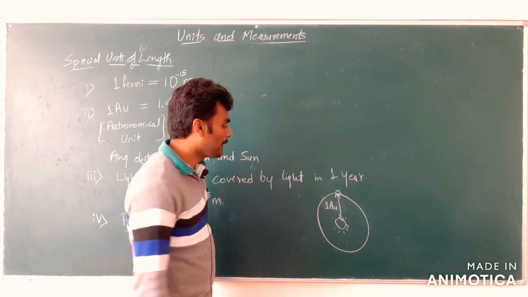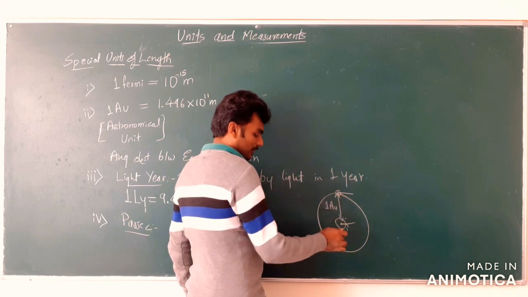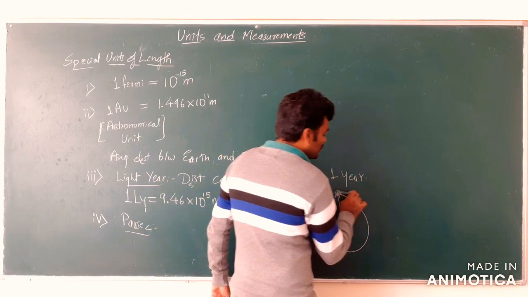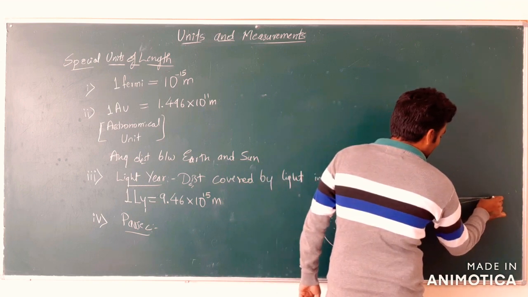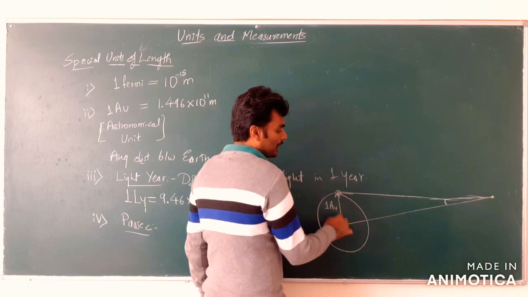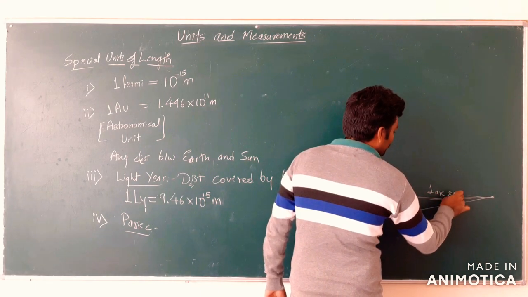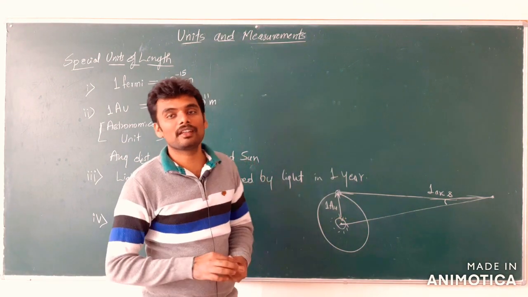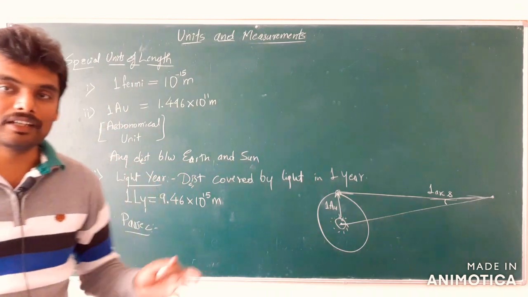Now, if I draw two lines from earth and sun and join them at a certain large distance, such that the angle between the two lines is 1 arc second, or simply 1 second, which is also a unit.